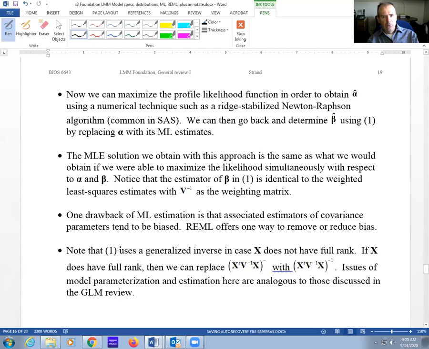Okay, now what's the difference between maximum likelihood estimation and restricted maximum likelihood estimation, or REML? In a nutshell, I'm not going to spend a lot of time on this, but just to tell you basically what we do in that situation is we write a new likelihood that eliminates the fixed effect parameters.